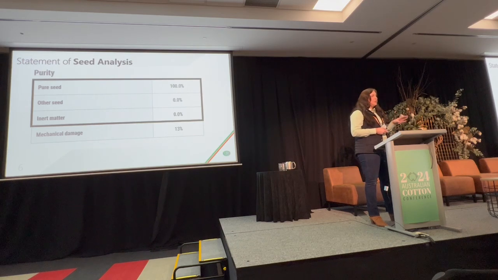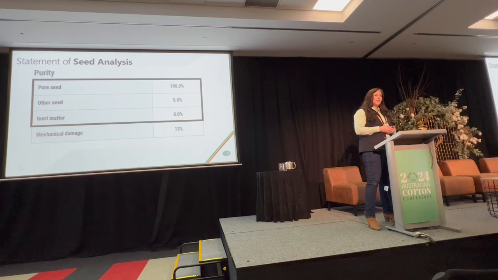So this is simply shown to demonstrate that the seed lot is within the minimum 98% for physical purity and the 0.2% of other seeds, which is the maximum. So since cottonseed is highly processed, we don't really ever see any other seeds coming through to the finished product, so this isn't really something growers need to be too concerned about.